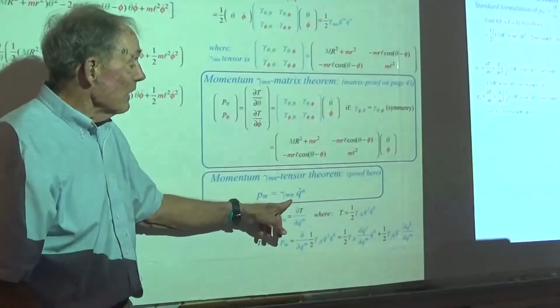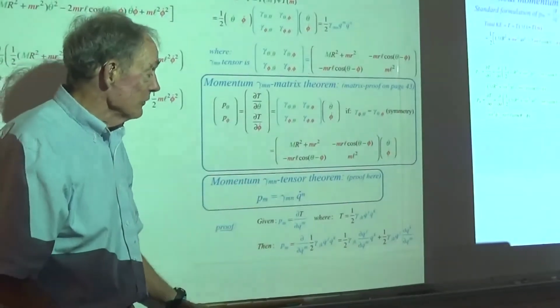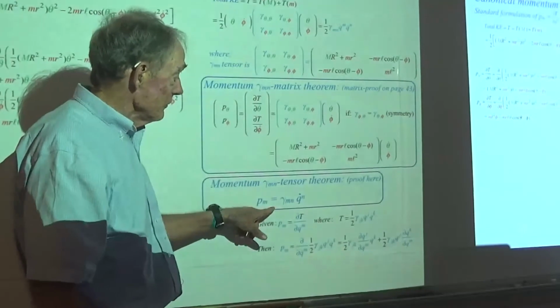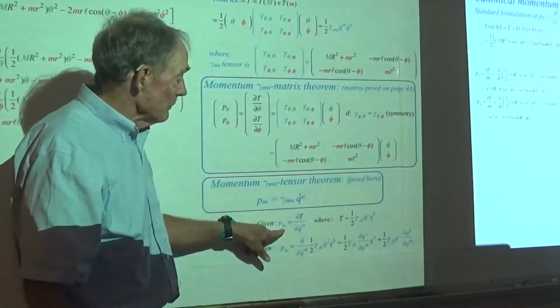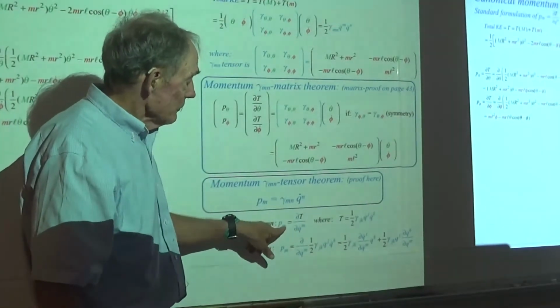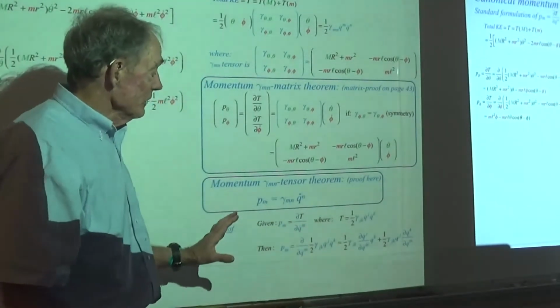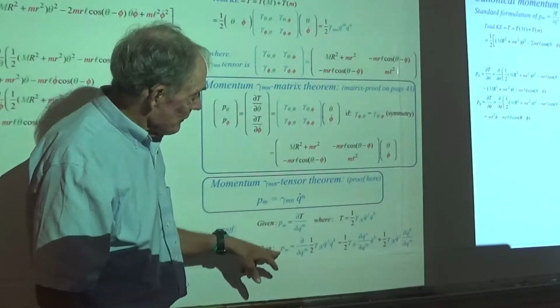This is the way we would write it in tensor analysis when we get into the Riemann world. That's what this becomes. And there's the momentum equation right there, just in terms of each component, however many there are, of the GCC coordinate velocity system.